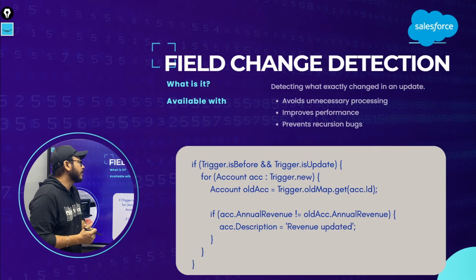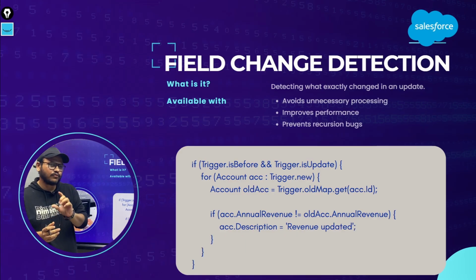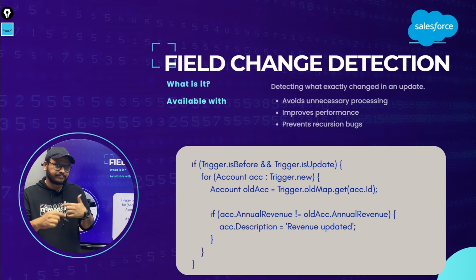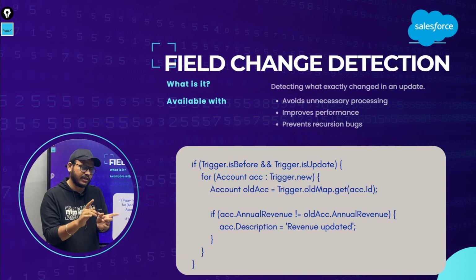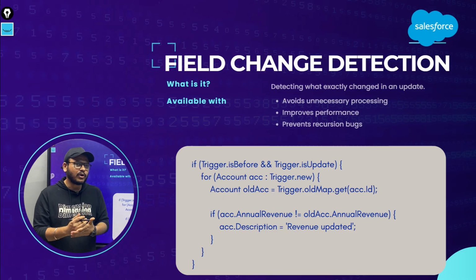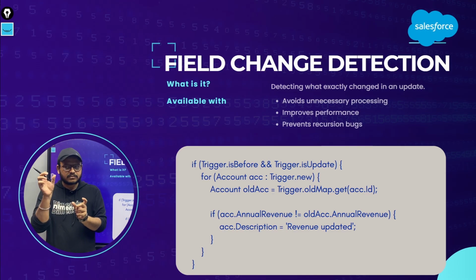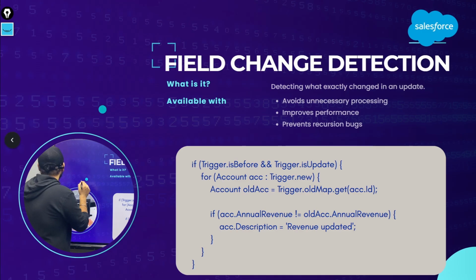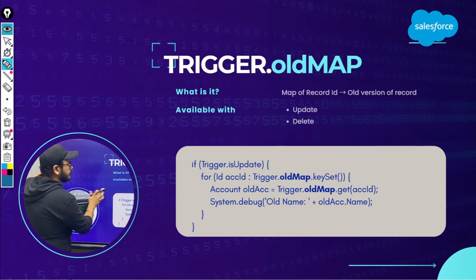This is field change detection. If you are trying to check whether a record's field value has changed during trigger execution, you have to compare both Trigger.new and Trigger.old.